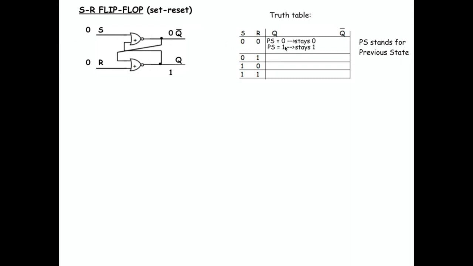So to express that, we just say PS. So for this first row, we're not going to say 1 or 0 or 0 or 1, but we're going to say PS standing for previous state, meaning that as long as we don't send any of these signals, it's going to remain previous state, whatever it was.